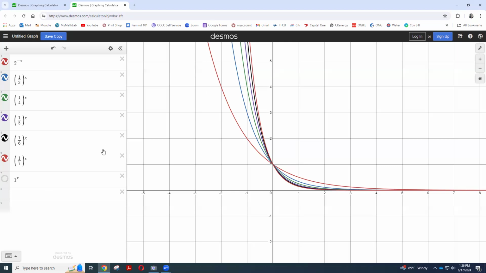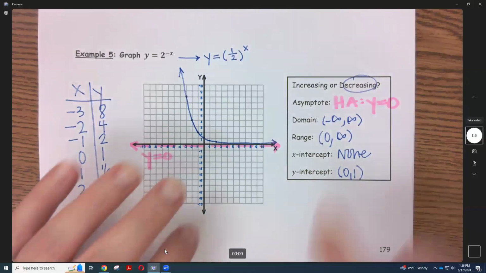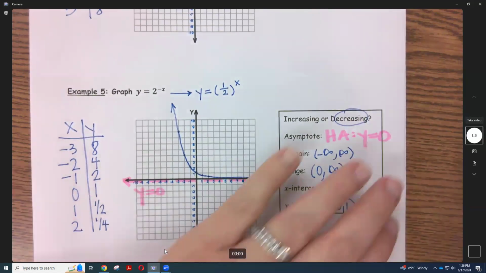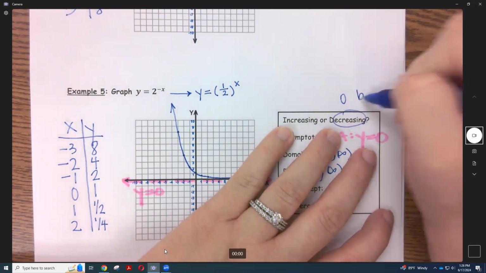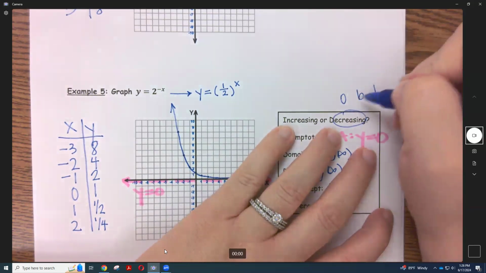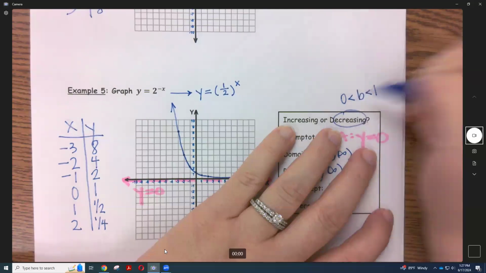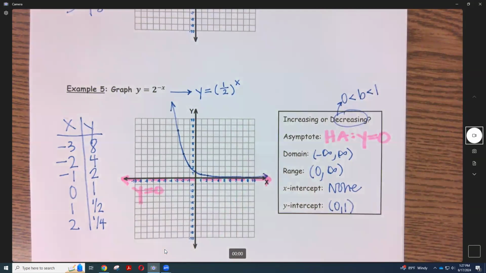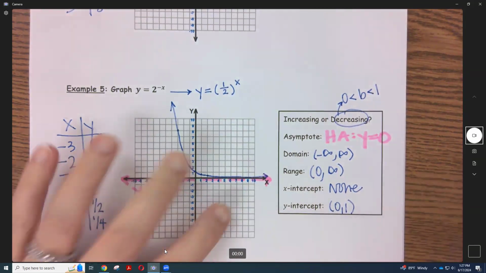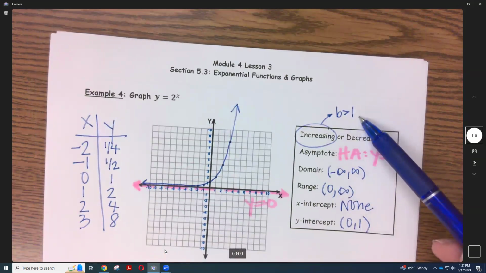But once you go over 1, then you have an increasing slope or an increasing function. So here we are always decreasing when our base is between 0 and 1. So when that base is between 0 and 1, decreasing, anything above 1 will be increasing.